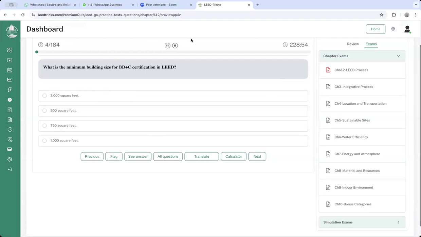What is the minimum building size for BD plus C certification in LEED? This is a very smart question, but easy and very direct. Some people don't expect that some of these questions will come in the exam. This is asking about MPRs, minimum program requirements, which we have studied, 5 requirements.